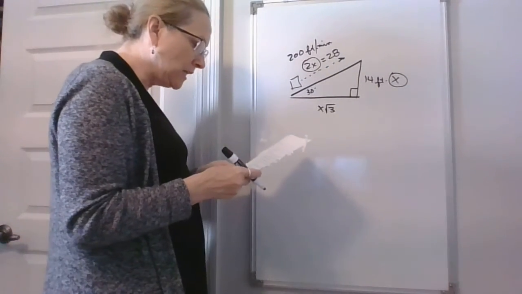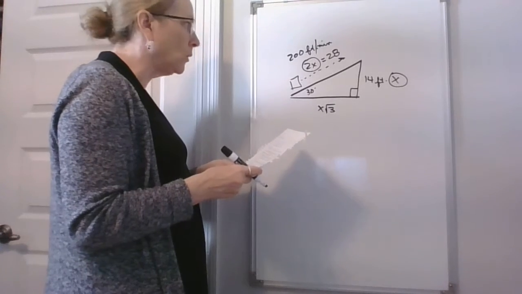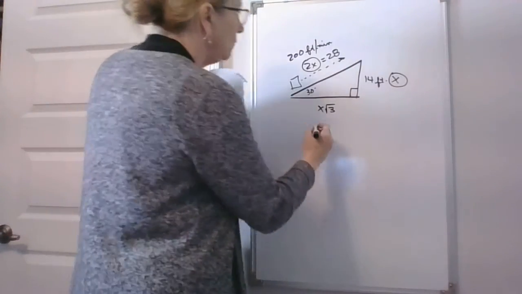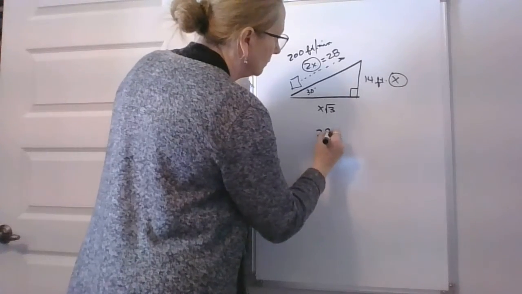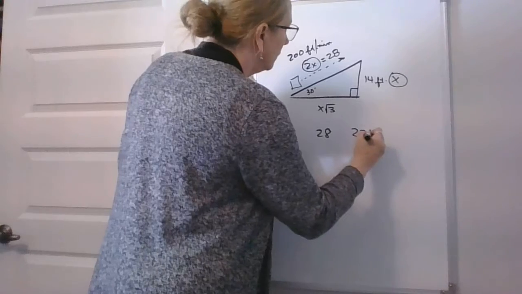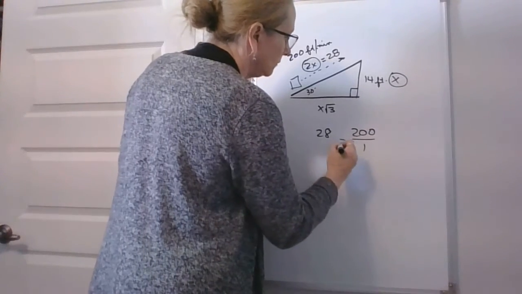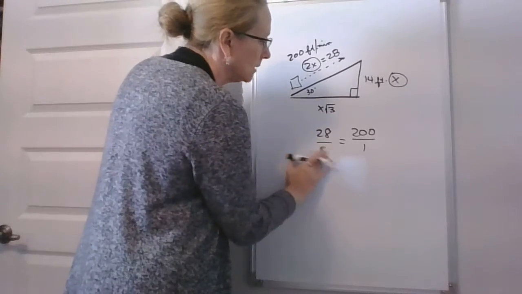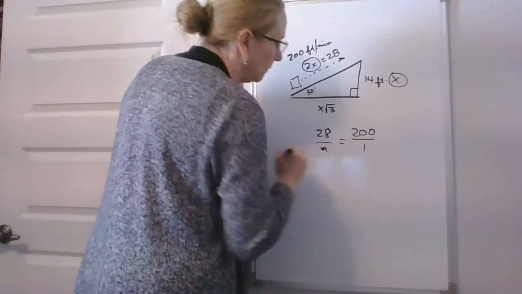Then it says, how many seconds does it take for a bale to go up the conveyor? Well, if we've got 28 feet, and it takes 200 feet per minute, and we want to know how many minutes, let's just go ahead and make that m.